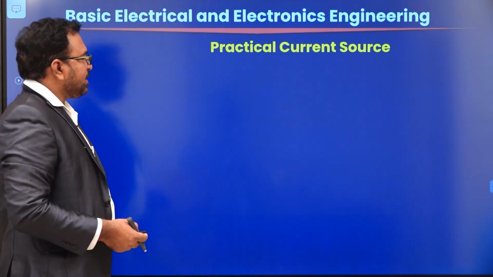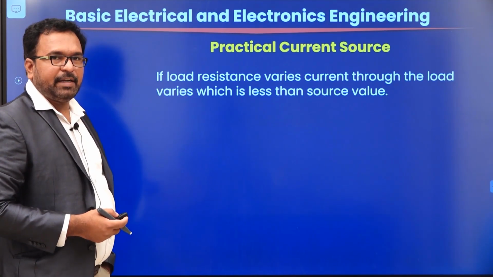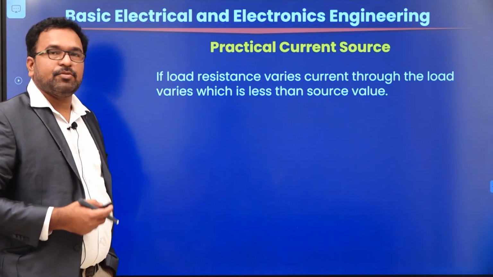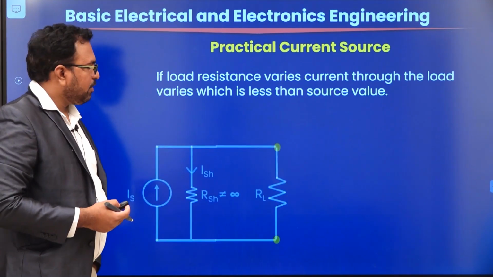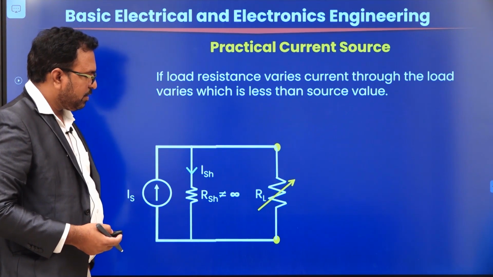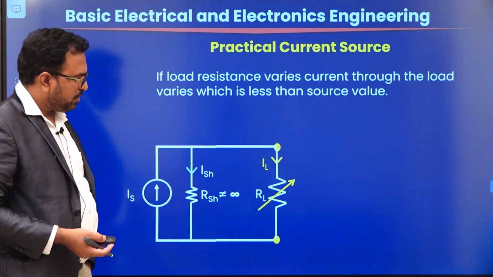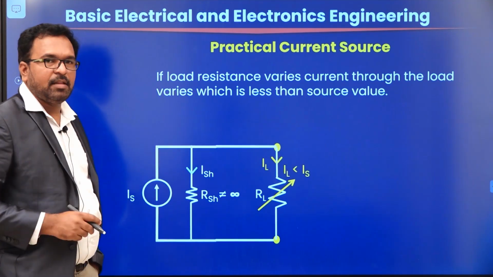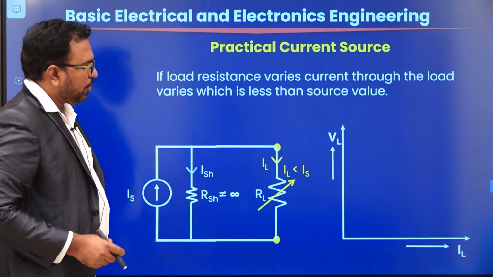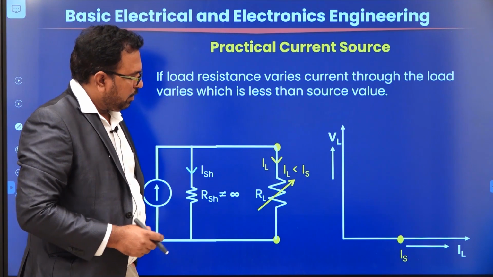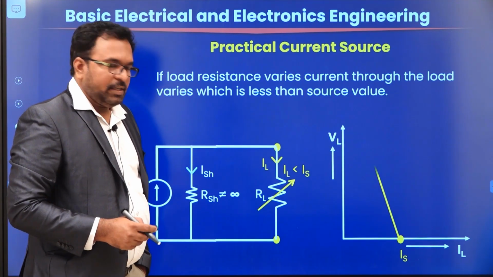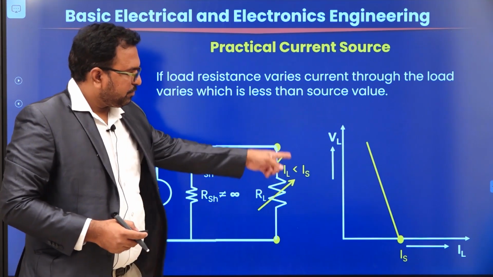Now let us discuss the VI characteristics of the practical current source. If the load resistance varies, as I already told you, the current through it varies, but this current is always less than the source current. If you draw the curve between load voltage and load current, the current is not constant, it is reducing.